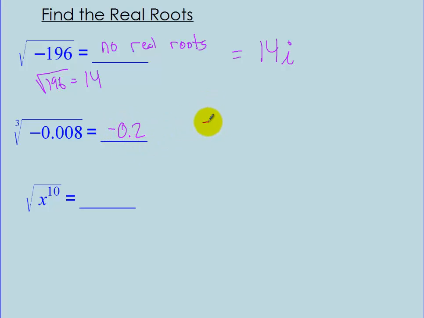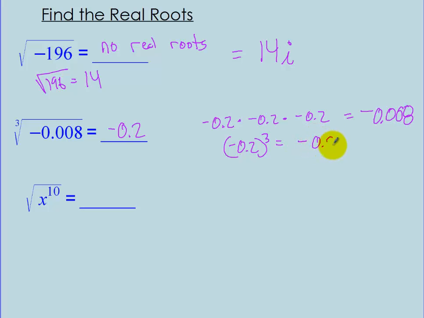If you multiply negative 0.2 times negative 0.2 times negative 0.2, three negatives give you a negative number, and 2 times 2 times 2 is 8, but because of the decimal places you get negative 8 thousandths. Another way to say this: negative 2/10 cubed equals negative 8 thousandths. So when you have an odd root, you can have a negative number.